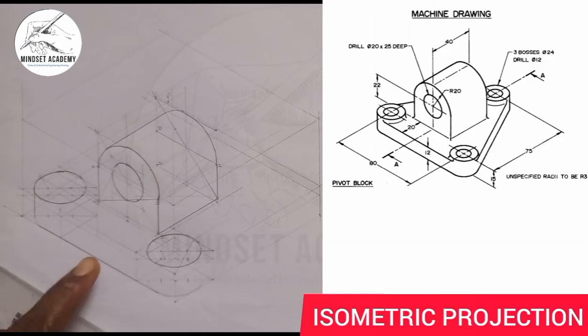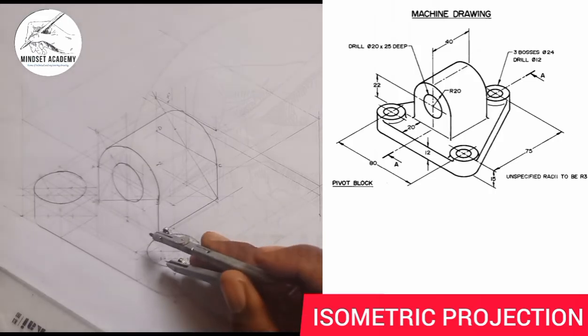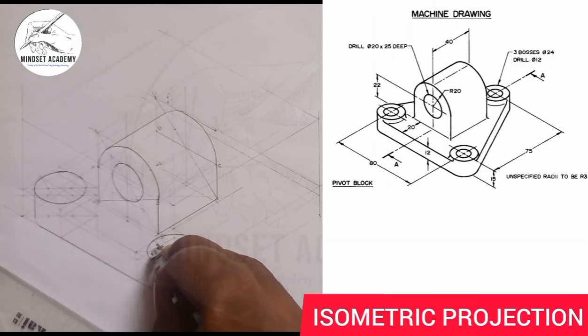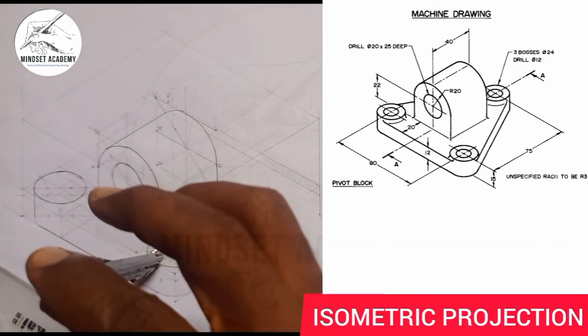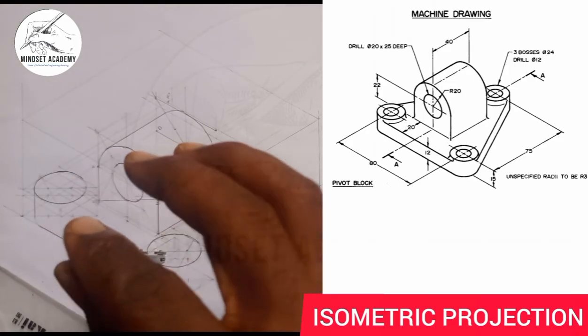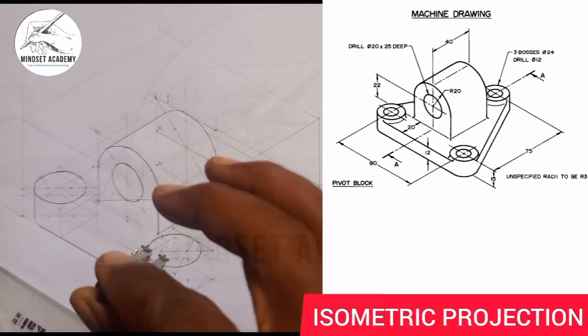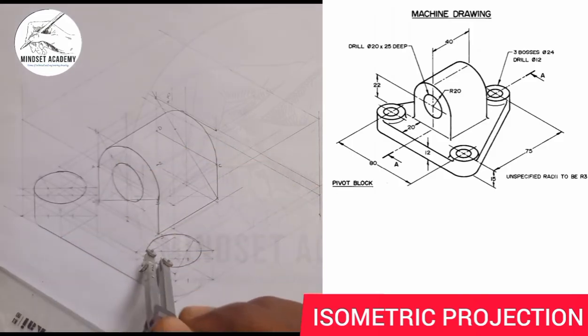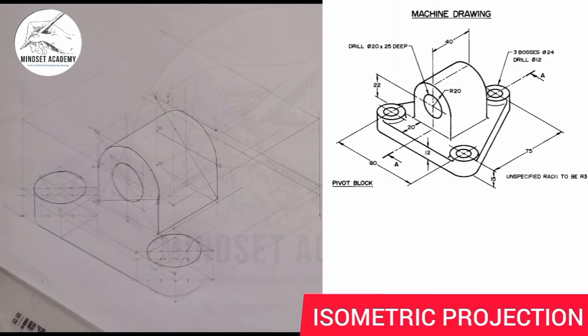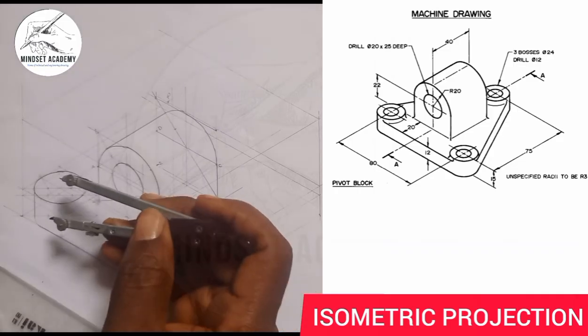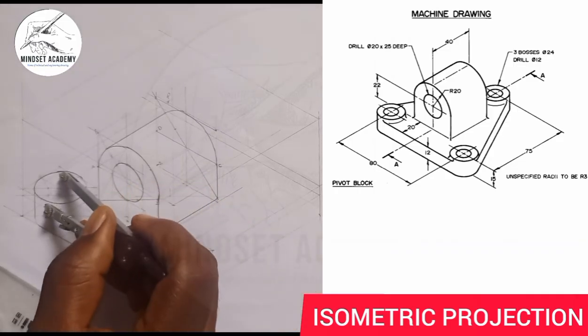The next one is there is another circle at this other level here, right? So what I'll simply do here is I am not going to complete that. I'll take it at this point here, just like I did the previous one, and I'll draw this. You can see that. I'll come here too. I'll do the same thing at this point too. So from this point, and I'll get this.